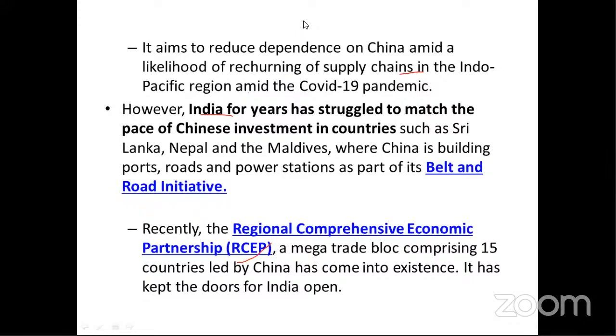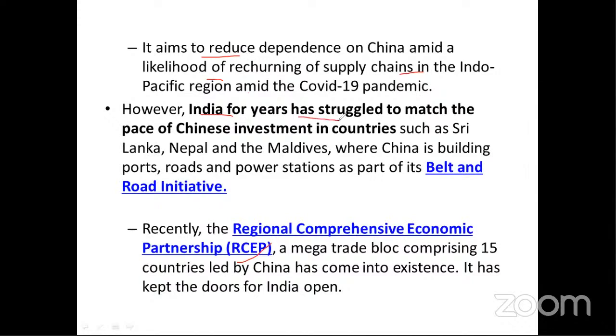It aims to reduce dependence on China amid the likelihood of a reorientation of supply chains in the Indo-Pacific region amid the COVID-19 pandemic. So the main purpose is to reduce the dependence on China for trade and supply chains, including the supplying of COVID-19 vaccines to all these countries.